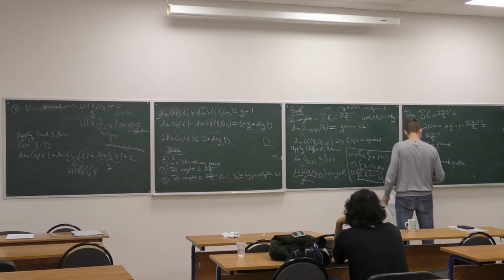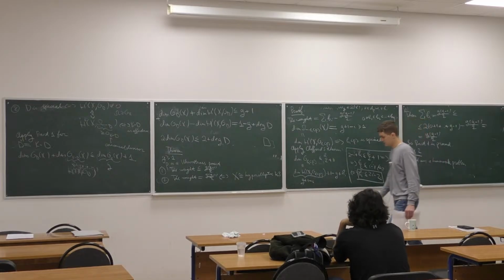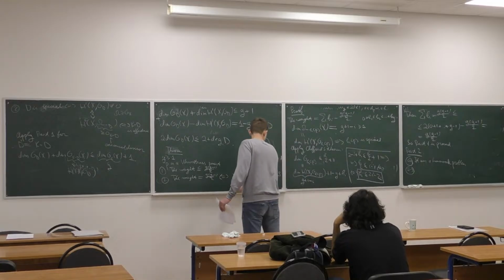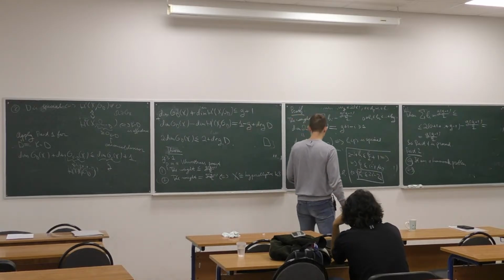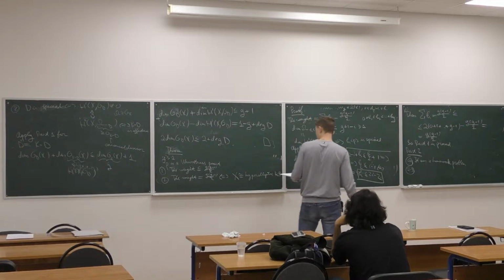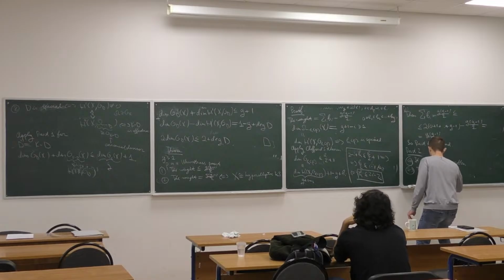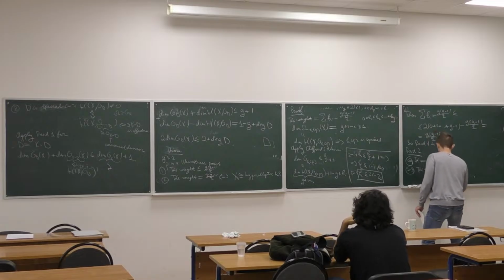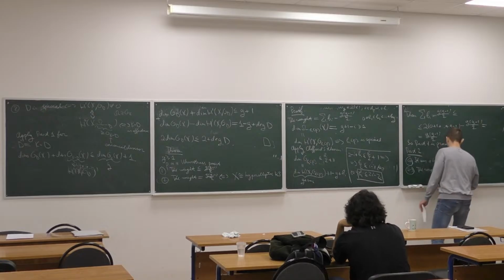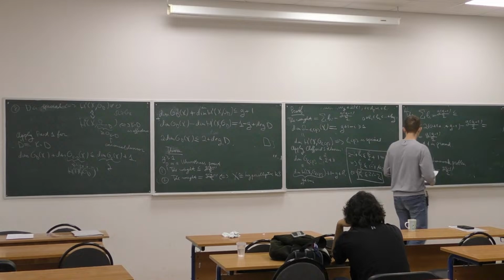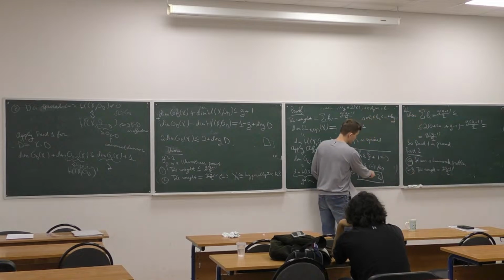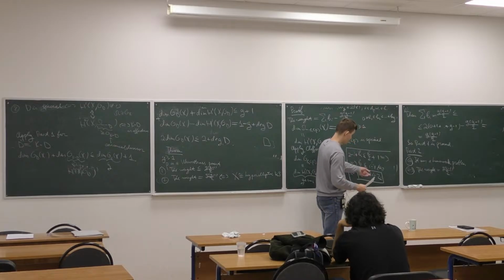The converse is also easy. If the weight is equal to g over 2, it implies that in all these inequalities we have equalities.